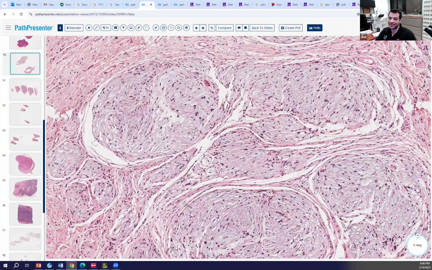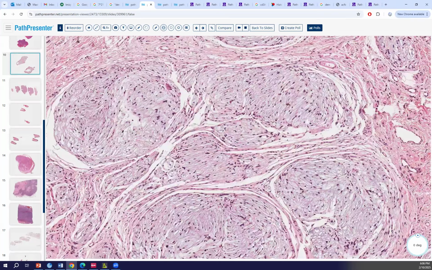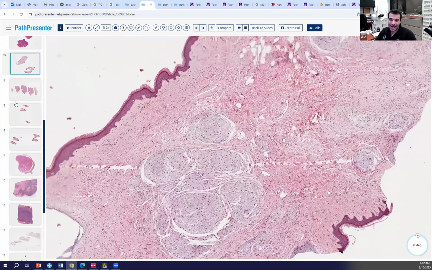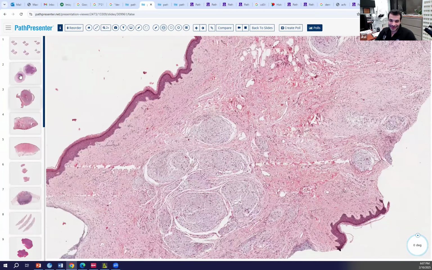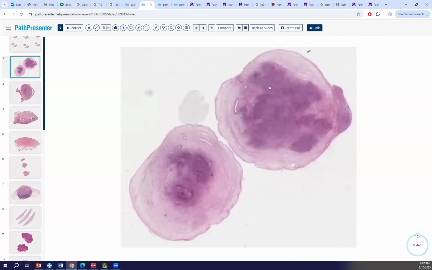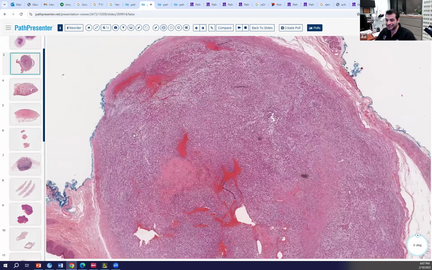One is positive for S100, and the other one is positive for S100A6. Notice how this one has more of a septate pattern. It's more myxoid. But anyway, in either case, neither of them have what? A capsule, let alone a capsule with subcapsular edema.